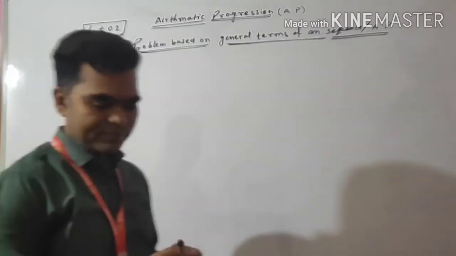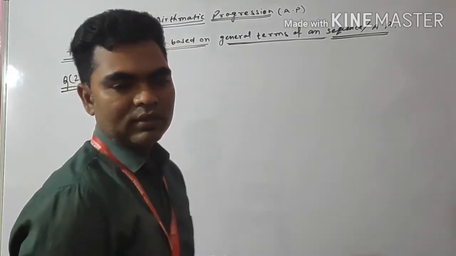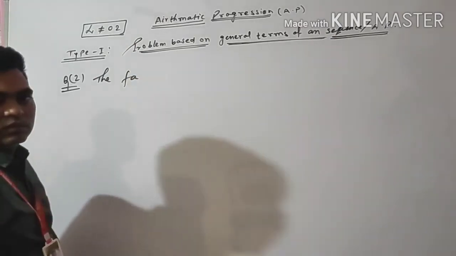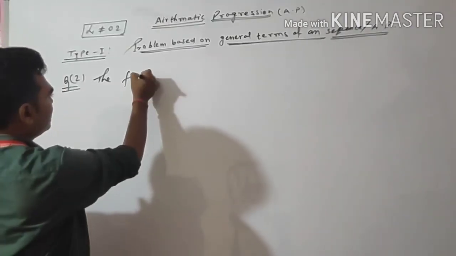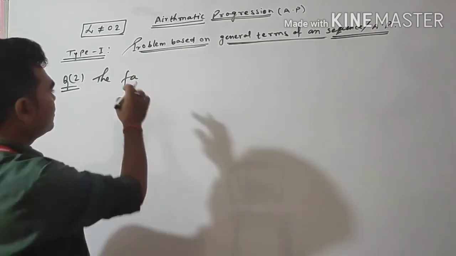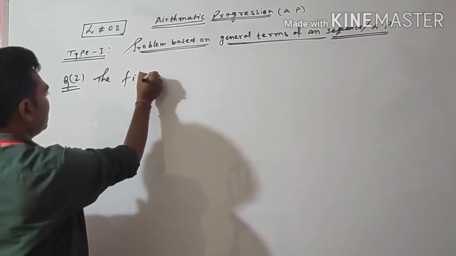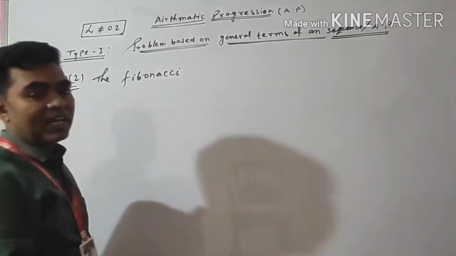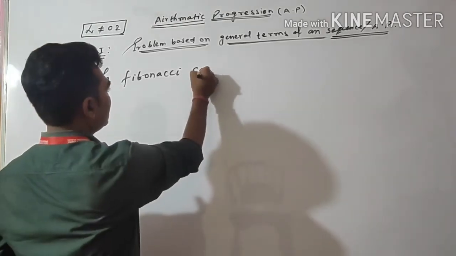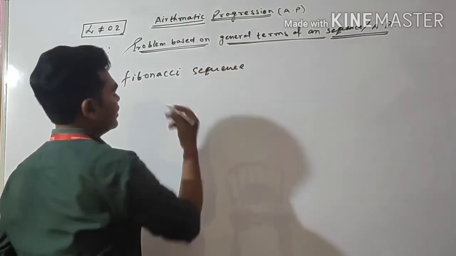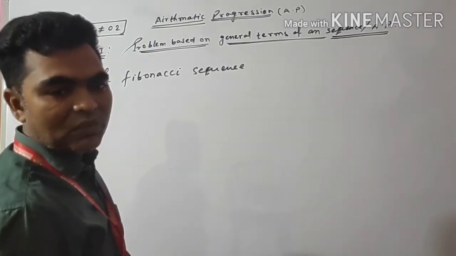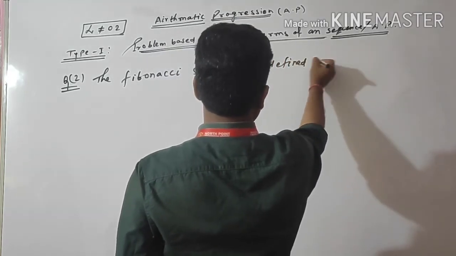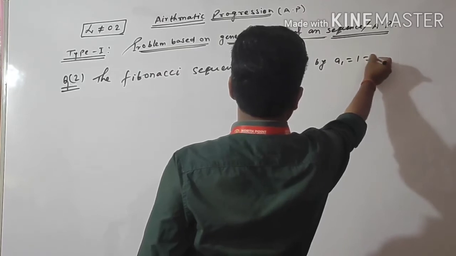The Fibonacci sequence is defined by A1 equal to 1 equal to A2.